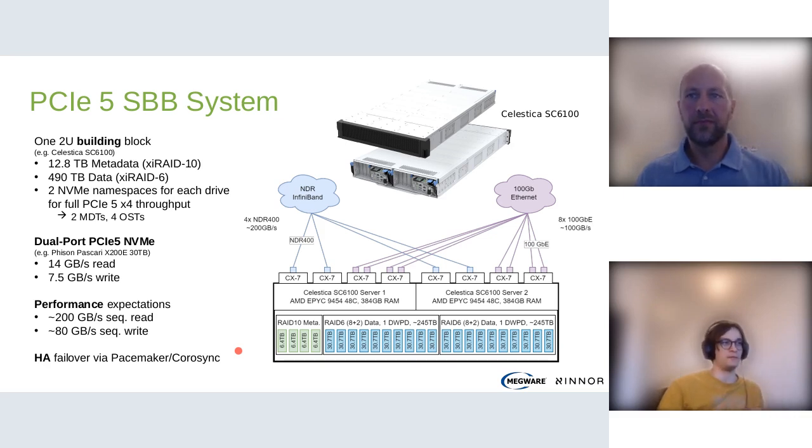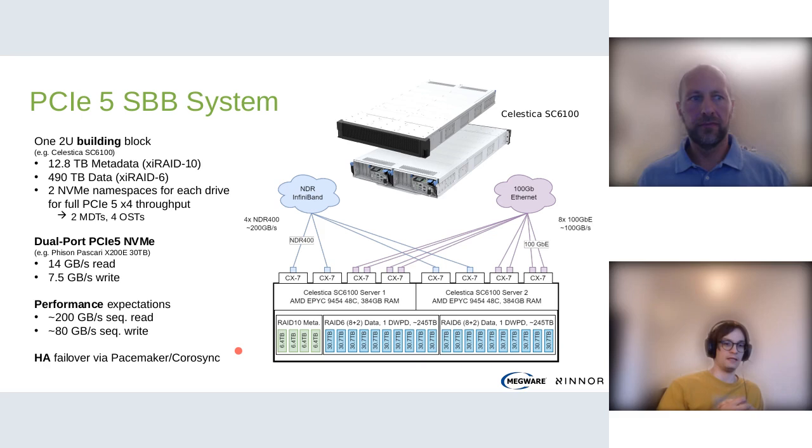And then on this example, you would get roughly half a petabyte of all flash Lustre in this like 2U box with xiRAID on top with 2 times RAID 6 and then the RAID 10 for metadata.